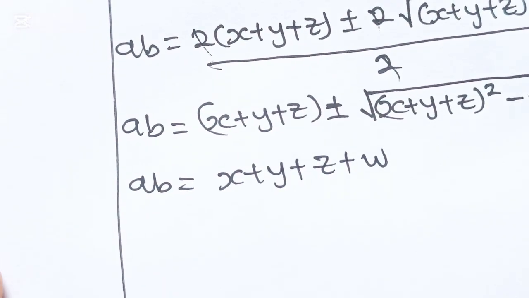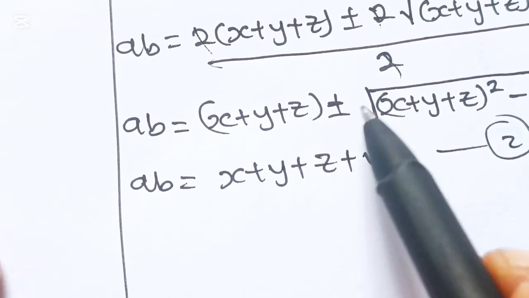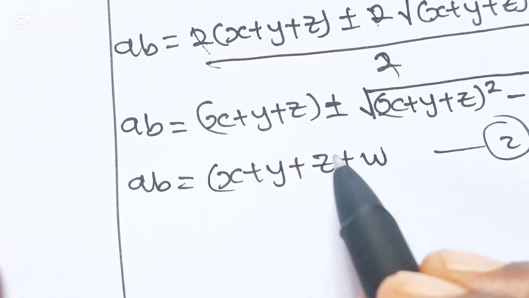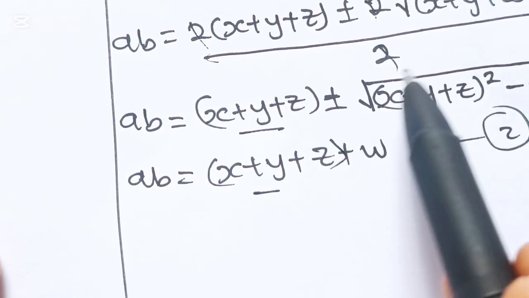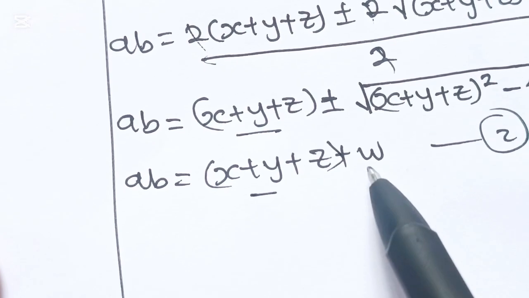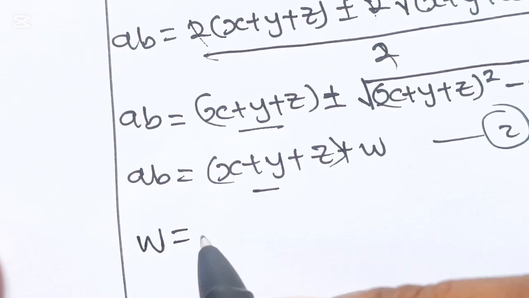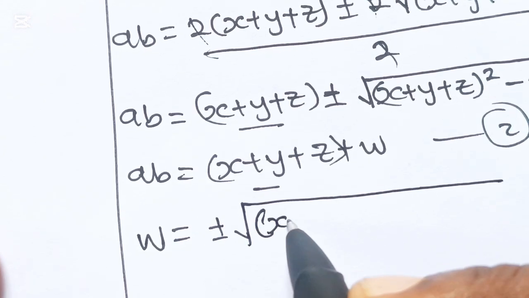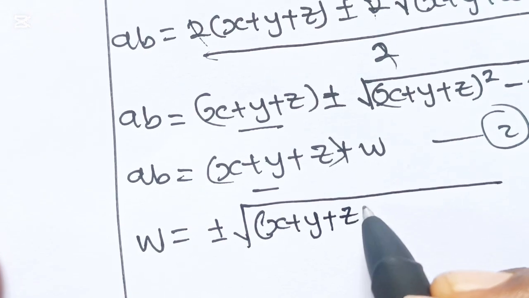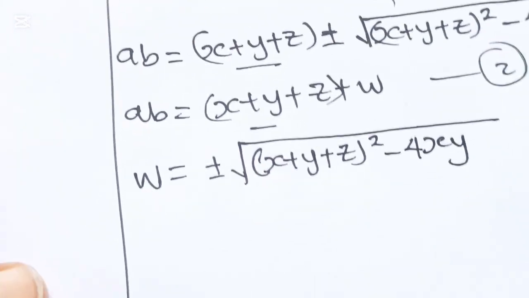If we call these equation 1 and 2, and compare equation 1 and equation 2, you can see that this and this are the same. So it means that the remaining part of this equation is equal to w. So we can say that w is plus or minus the square root of x plus y plus z all squared minus 4xy.